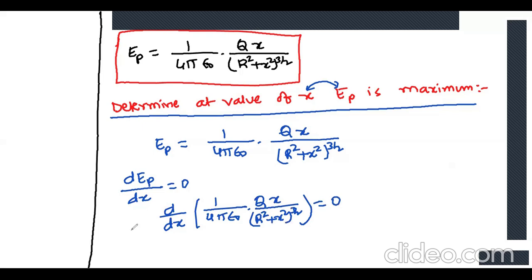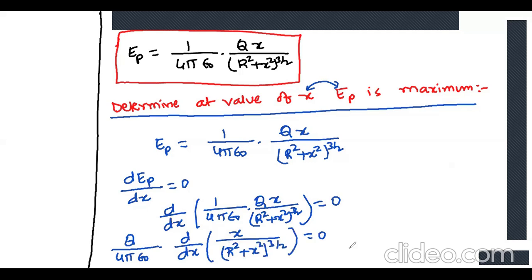Q by 4 pi epsilon naught is a constant, so bring it outside to the right side.